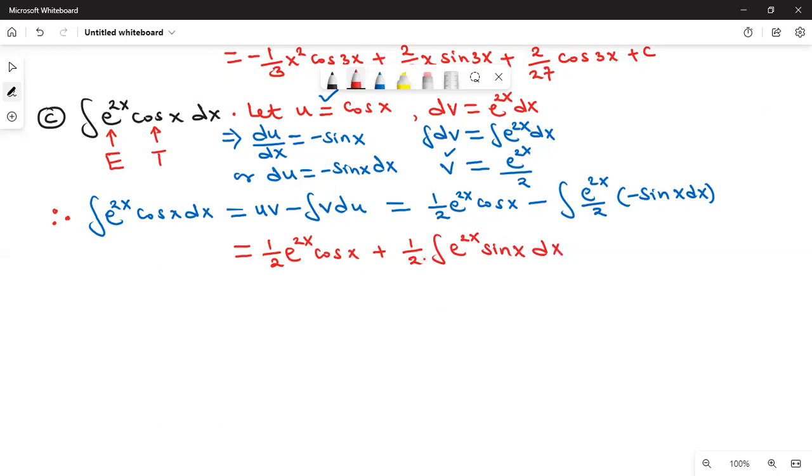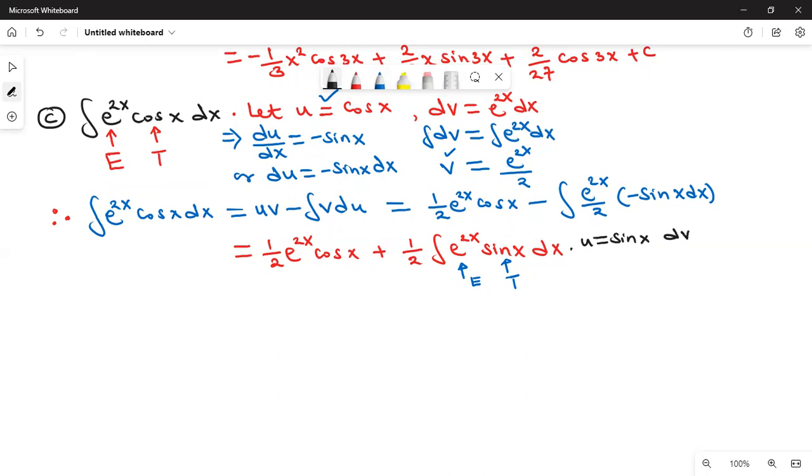Still, we need to use the parts formula. So again, decide on which function is supposed to be u and which one is supposed to be dv. Here we have exponential. Here it is trigonometric. So we again say let u be equal to the trigonometric part, that is sine x.